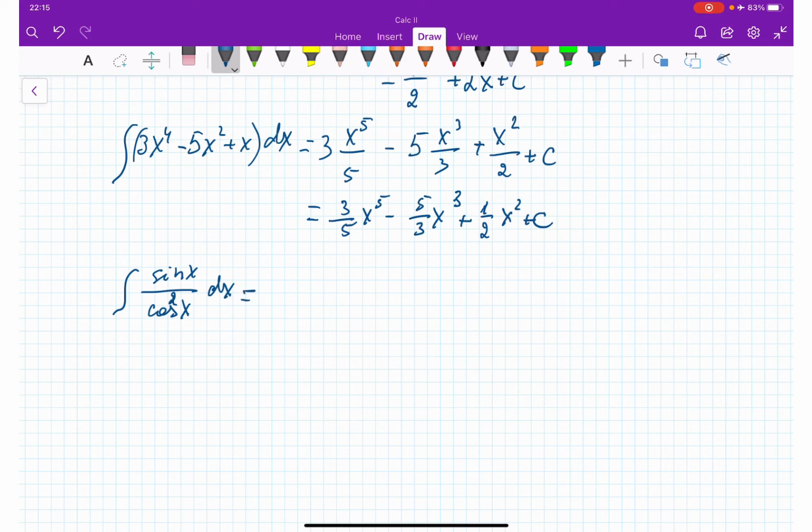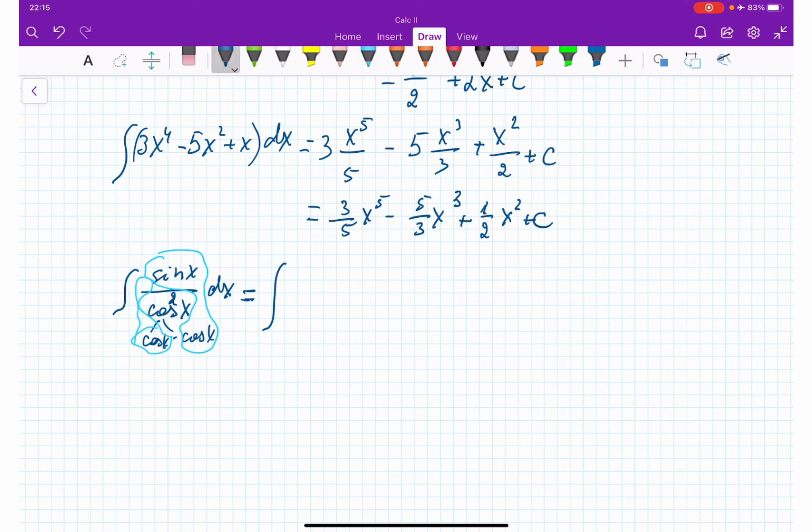So we want to rewrite this first before we solve it. I'm going to break down this cosine squared x as cosine x times cosine x. So practically combining sine x with one cosine x, and the other cosine x just leave by itself, 1 over cosine x.